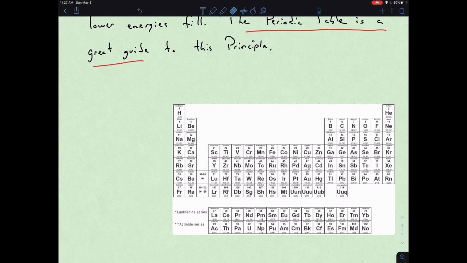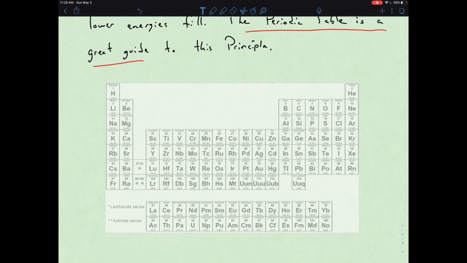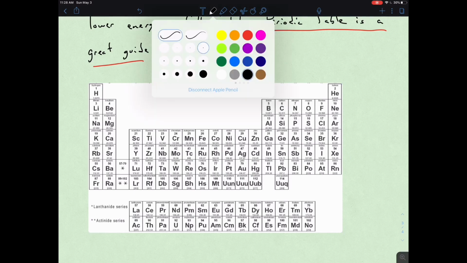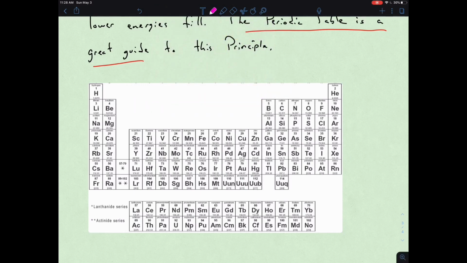So here we have our periodic table, just making it a little bit bigger. And one thing we have to understand is that n is really looking at these rows going from the top, hydrogen, down to the bottom, francium.